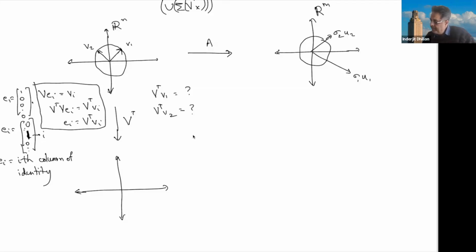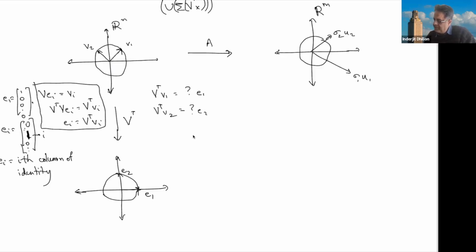Okay. So what that means is that V transpose V1 is E1, and this is E2. Which means that this is E1. It's basically along the axis on the unit sphere. This is E2. This is on the unit sphere.